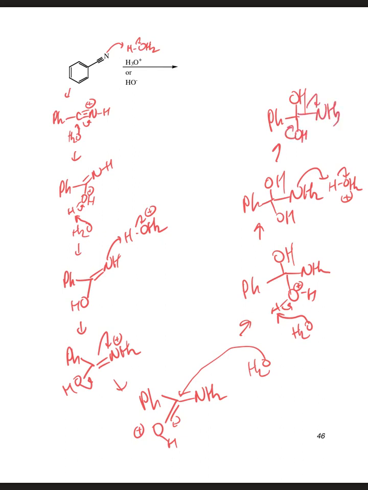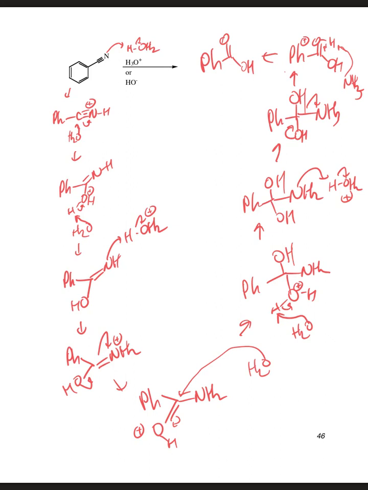Make it leave, giving us the protonated acid. And then ammonia can grab that extra hydrogen, NH3, to give us our carboxylic acid. Enter the acid catalyzed.